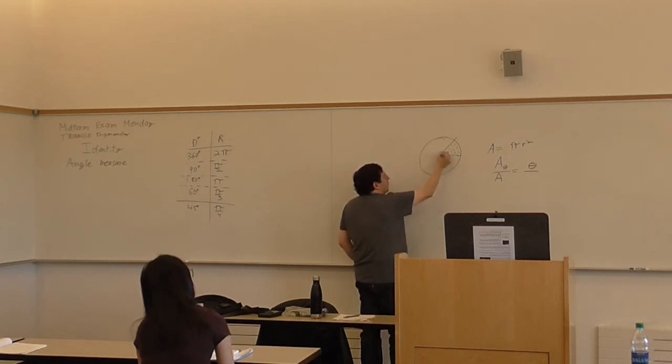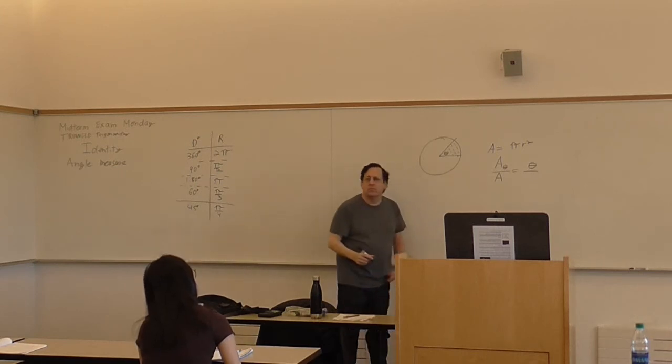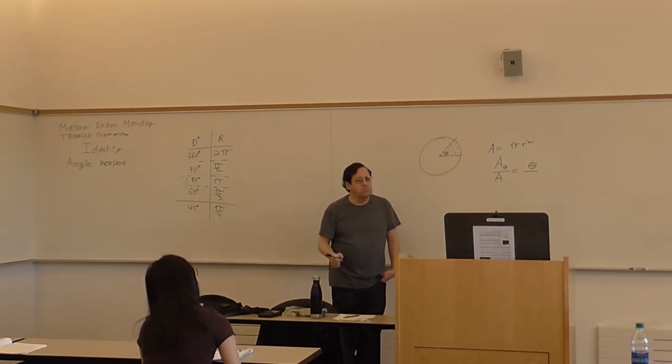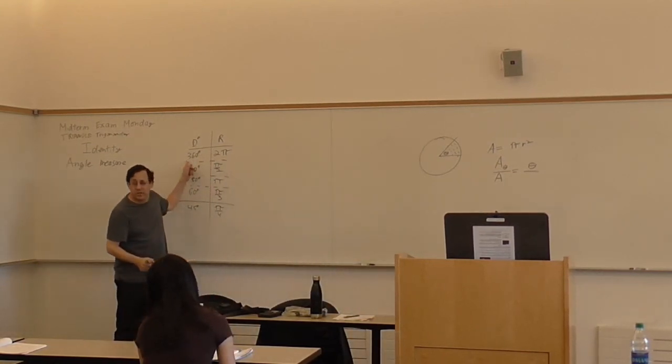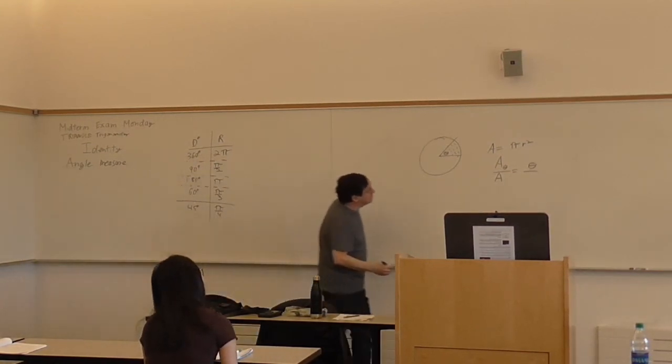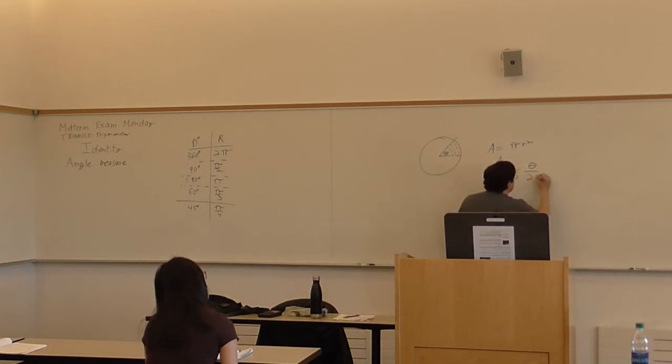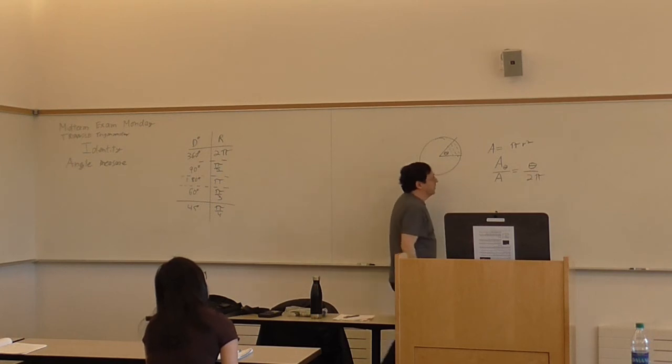What's the whole angular measure of the circle? 2 pi. This is theta in radian measure now, right?